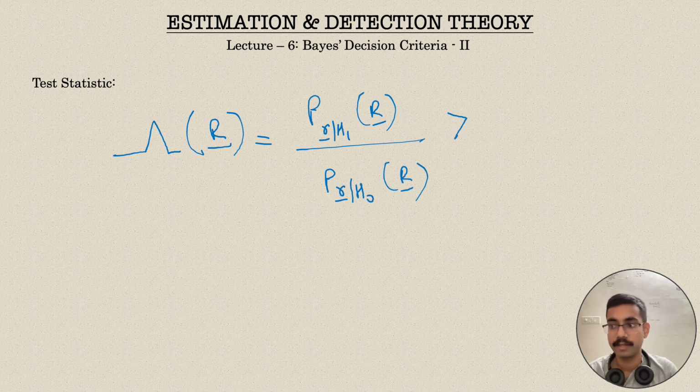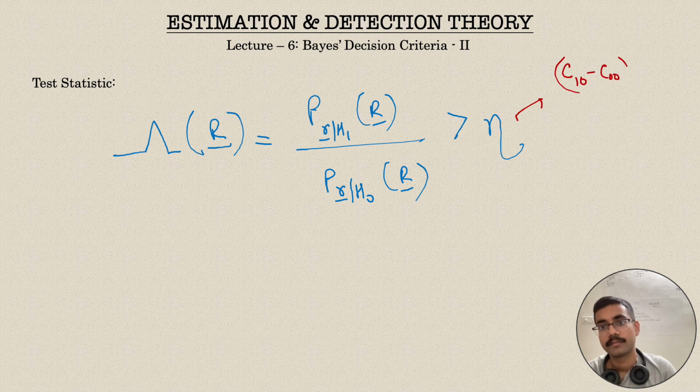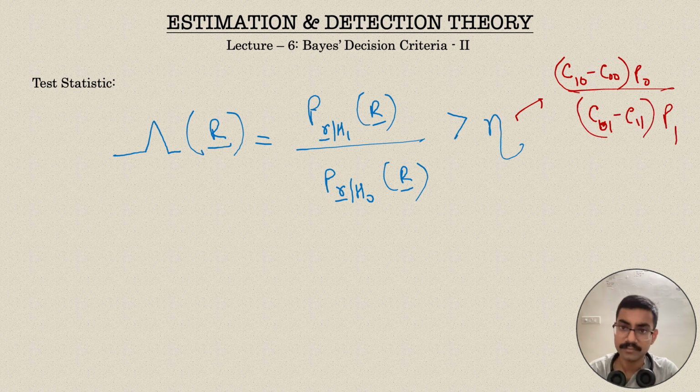Now this should be greater than the threshold. The value of the threshold I already told what it is. So once again, if you want to revise, this is the value of threshold. So if you're given all this information, then you can just find out the threshold just like that. Is it not interesting? This is so straightforward. If you're given the prior and cost, it becomes so much easier.